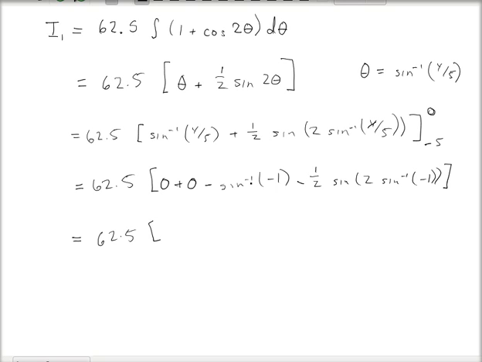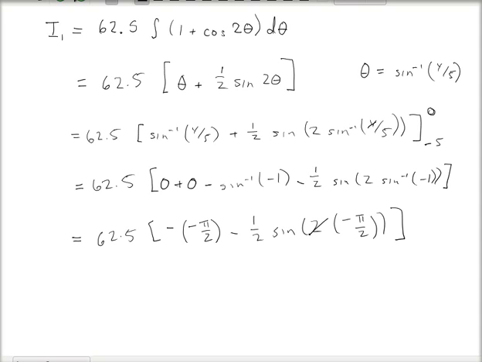Let's look at this term. Sine inverse of -1. When is sine -1? That's when the angle is equal to -pi/2. So I'm going to have negative pi/2. So I'm subtracting here. So this is the same here. So this is going to be minus 1/2 sine of 2 times -pi/2.